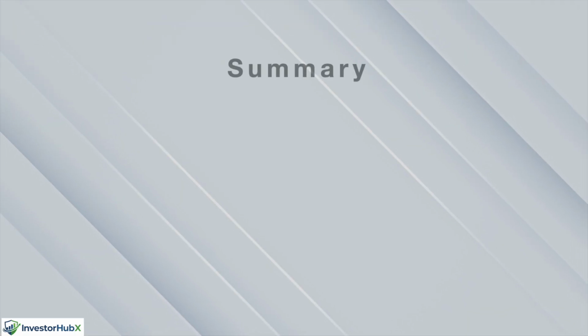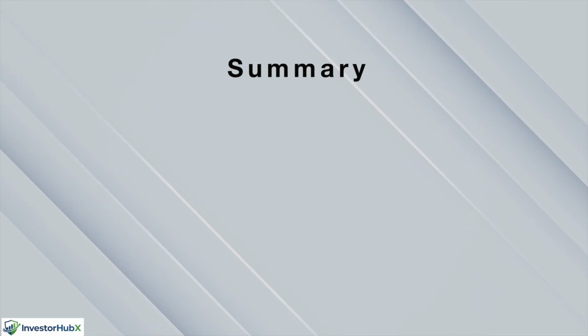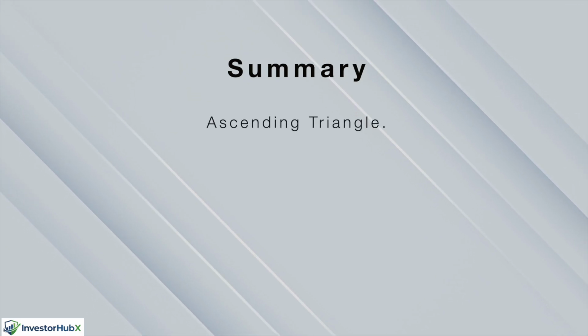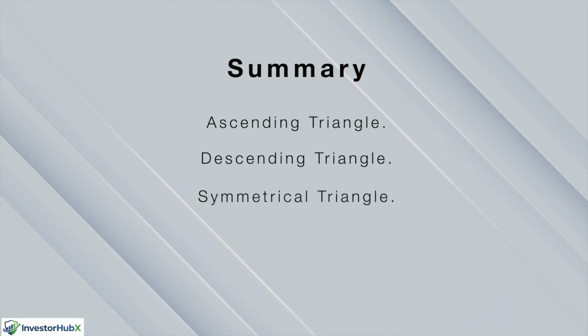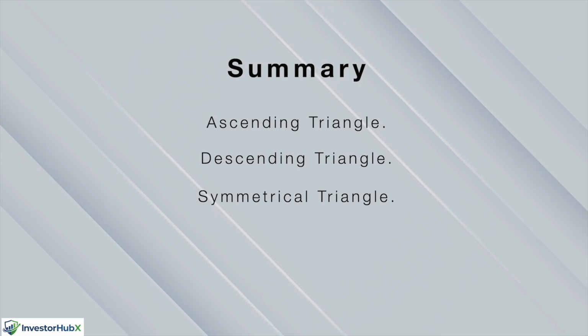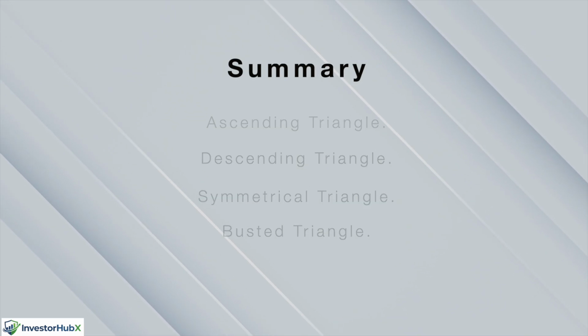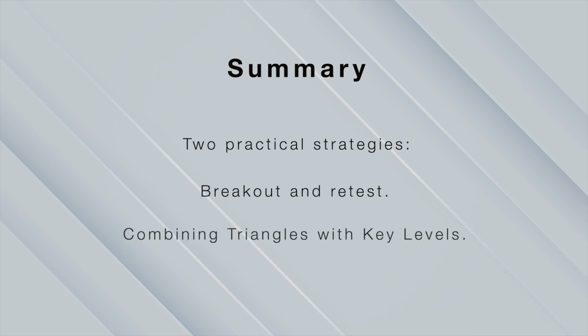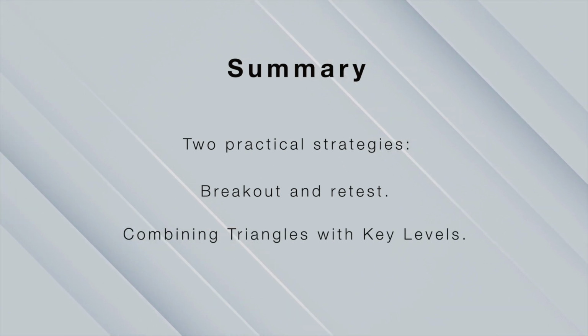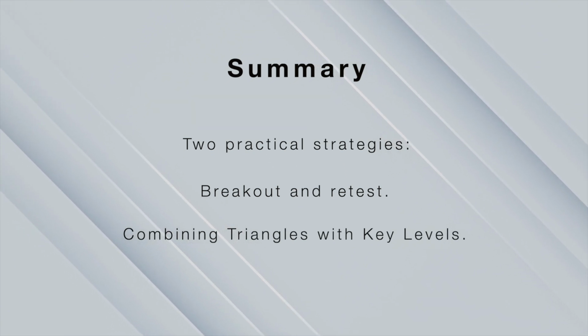In this lesson, we've covered the key types of triangle patterns: ascending triangle, higher lows with a flat resistance; descending triangle, lower highs with a flat support; symmetrical triangle, converging highs and lows; busted triangle, when a breakout fails and reverses. We also explored two practical strategies: breakout and retest, and combining triangles with key levels, also known as confluence.